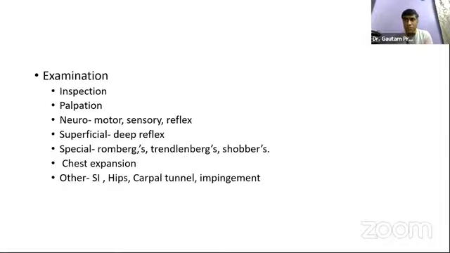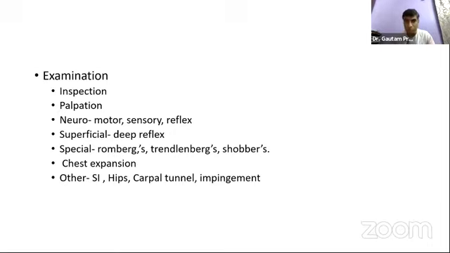If there is a severe pain which is more at night, which doesn't allow the patient to move, change posture, or get up from the bed, that means there is something serious like tuberculosis or a tumor which has disturbed the sleep as well. So based on the history, we know where we are heading.